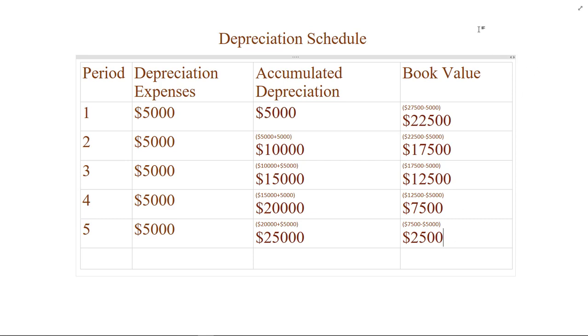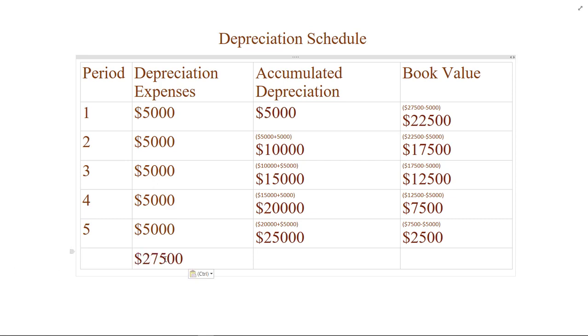Now, how do we know whether the chart that we have prepared is correct or not? For that, students, we can use different methods of assessment. The first method: when you add all the depreciation expenses, it should be equal to the depreciable base. 5,000 plus 5,000 is 10,000, 15,000, 20,000, plus 5,000, 25,000.